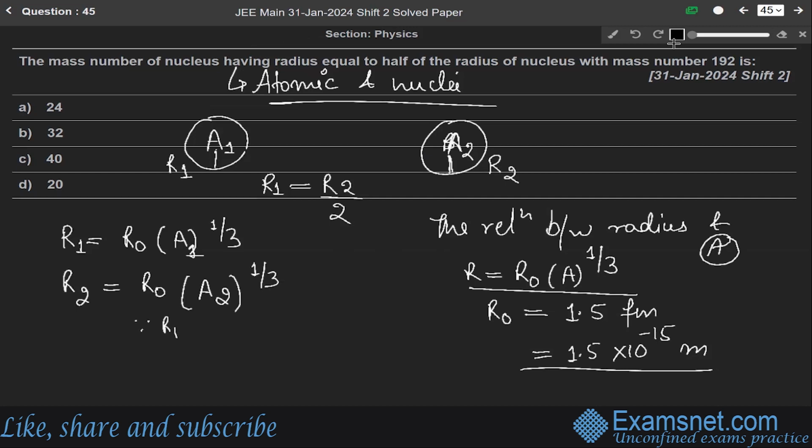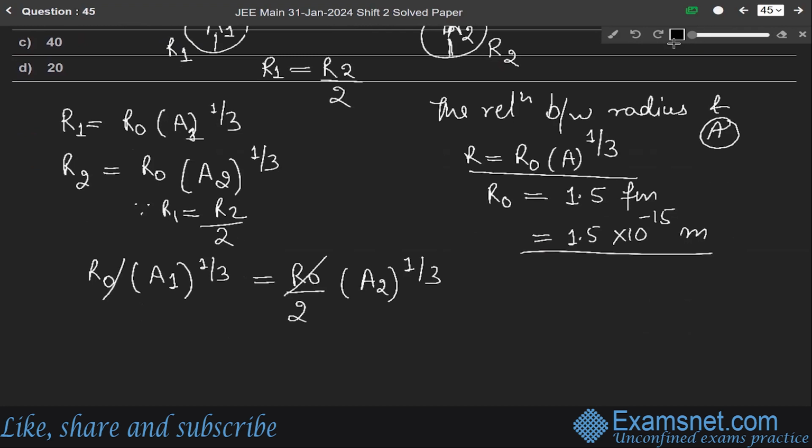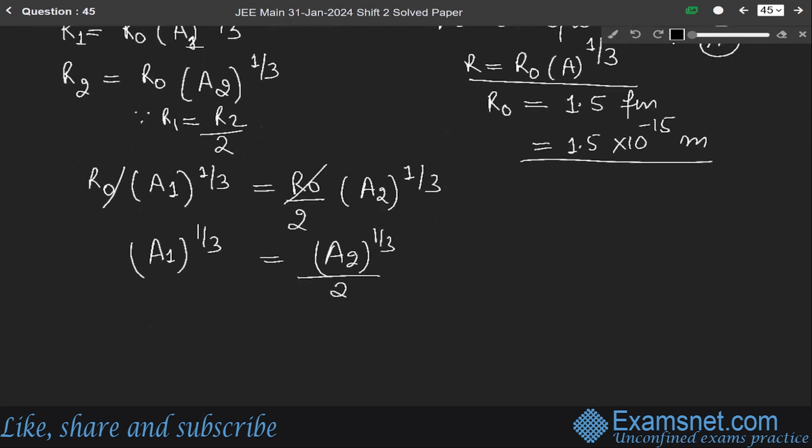Since R1 is equal to R2 by 2, using this condition we write R naught A1 to the power 1 by 3 is equal to R naught by 2 A2 to the power 1 by 3. This R naught cancels, so we get A1 power 1 by 3 equals A2 power 1 by 3 divided by 2. Now, taking cube on both sides, we get A1 equals A2 by 8.